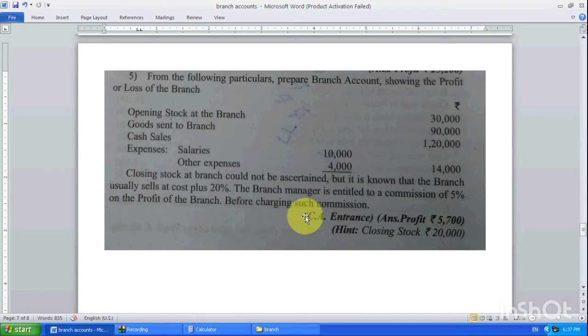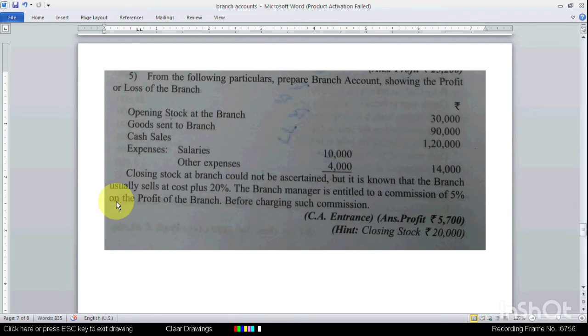Okay, meaning it adds an extra 20% in selling. The branch manager is entitled to a commission of 5% on profit of the branch before charging such commission. Meaning before charging commission, we will get the profit and loss account answer.